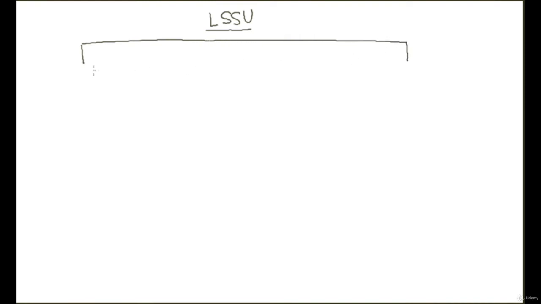Okay, so LSSU is the link status signaling unit. It is very similar to MSU, just that it doesn't have any signaling information part, for a simple reason that there is no signaling information which is coming from the top layer. So first is the flag.